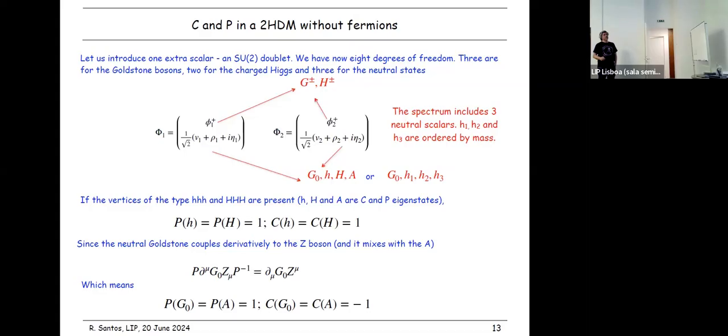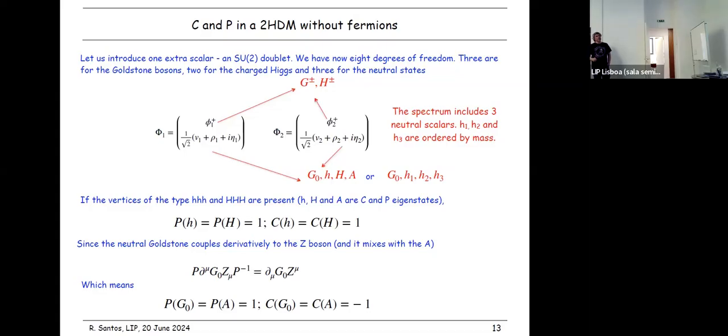You can have either these 4 particles, the charged bosons in both cases, and then what usually is called small h, H and A, or h1, h2, h3. In this case, we're talking about the CP conserving model. In this case, we'll be talking about the CP violating model. This is just related to the m12 squared and lambda 5 being complex or not.